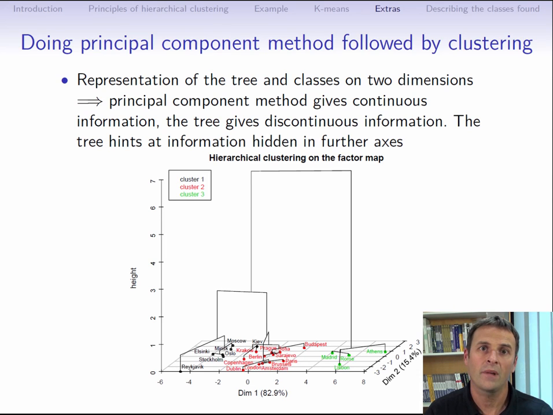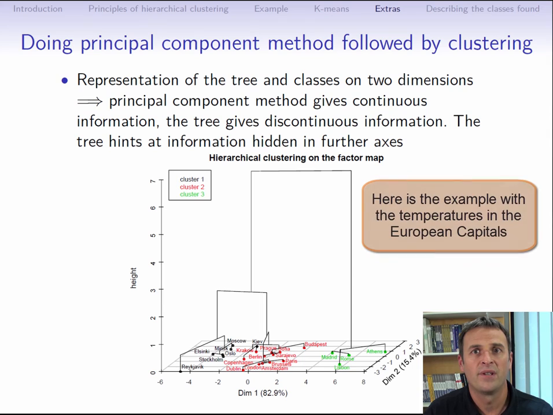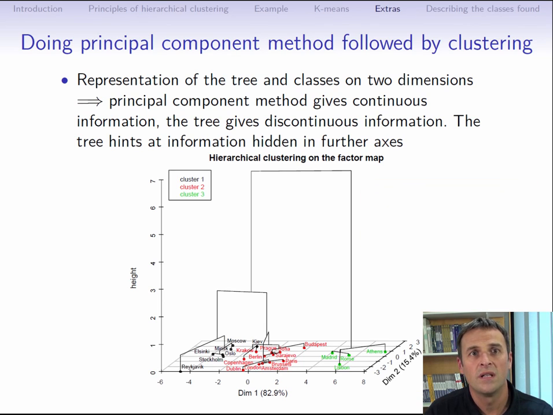In our example, the individuals are perfectly represented in the first plane, so their proximities in this plane are the same as their proximities in the higher dimensional space. But in general, it's possible that individuals can seem close in the first plane, but actually be far apart in subsequent dimensions, which the hierarchical clustering is able to show in this kind of plot.